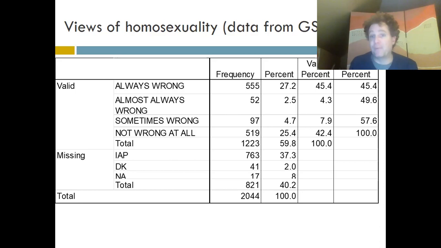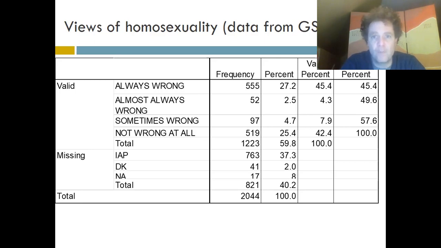Okay, other people who did answer, what we see is 555 said it was always wrong, 52 said it was almost always wrong, 97 said it was sometimes wrong, and 519 said it was not wrong at all. Okay, well, what do these numbers mean? So now we can go to the other columns.